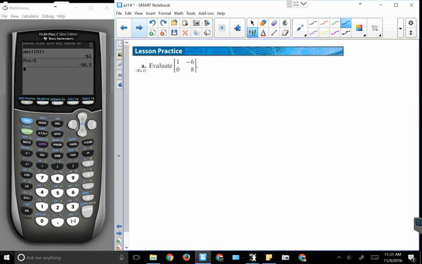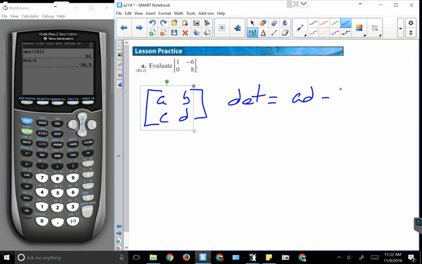Ready already? Why would you want to go and use the calculator to do a 2 by 2? I mean, do they remember that it's going to be A, B, C, D? And the determinant is equal to A times D minus B times C. The 2 by 2 matrix doesn't require a calculator because it's quick and easy.